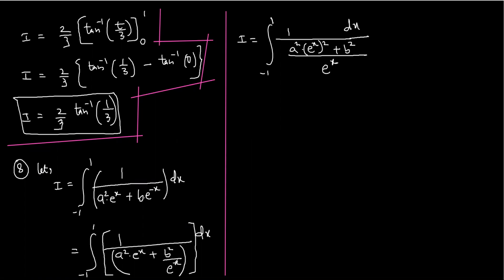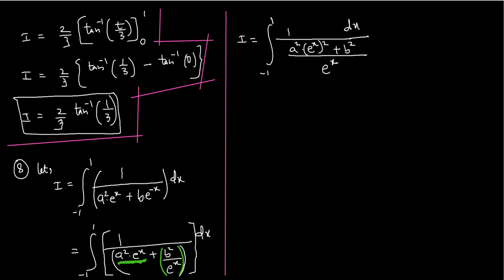Okay, so what I did: I had here a square e raised to x plus b square upon e raised to x. So a square has the denominator 1, so the LCM was e raised to x. The first term I got is a square e raised to x square, and this e raised to x square gets multiplied here, plus b square.